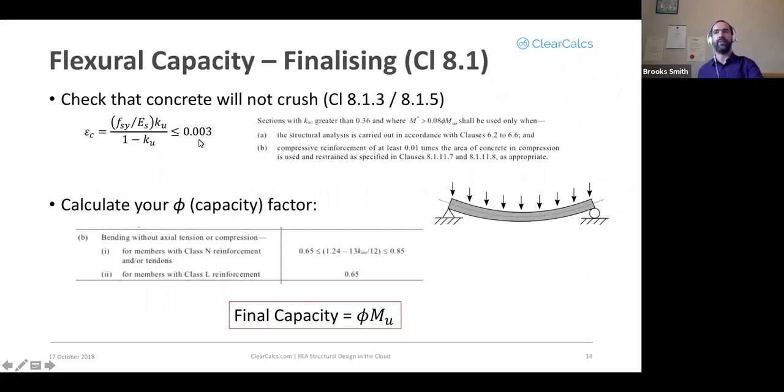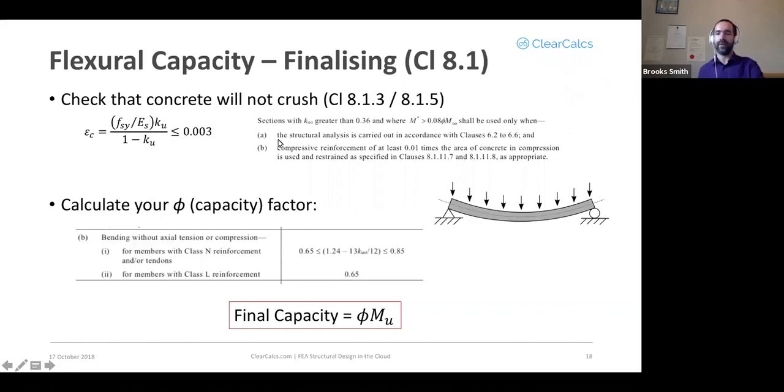That is, that strain in the concrete will never exceed 0.3%. For an under-reinforced beam, which is what you're usually going to be designing, that means this formula here. That means that your steel will yield, and at that yield strength, concrete strain is still below 0.3%.